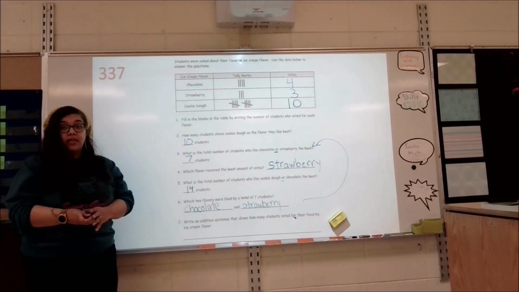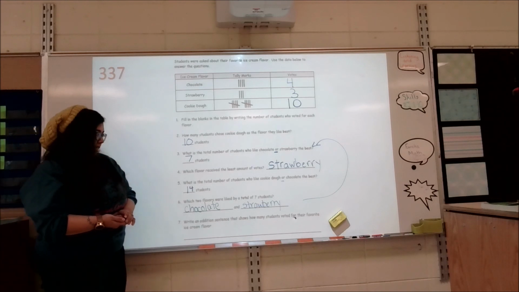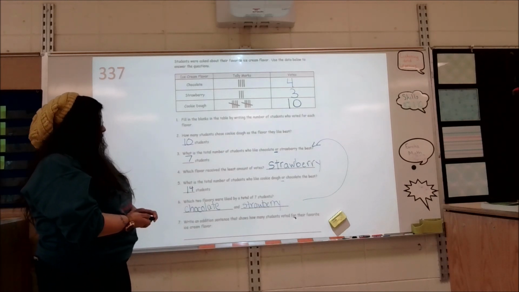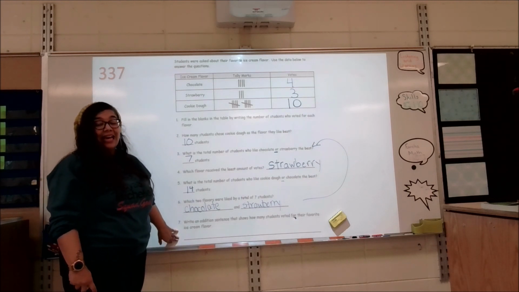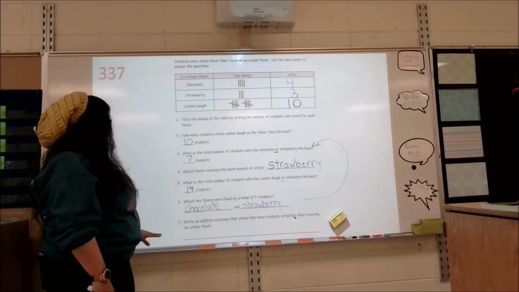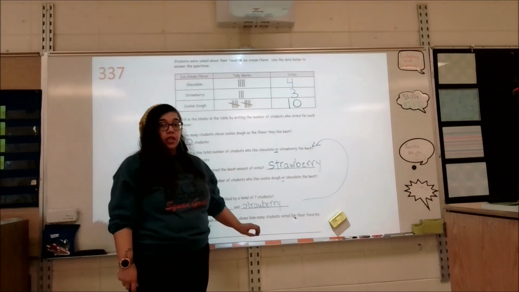Now, number 7, the last question says to write an addition sentence that shows how many students voted for their favorite ice cream flavor. Now, in this addition sentence, we're putting together all the votes. We want to know chocolate plus strawberry plus cookie dough.